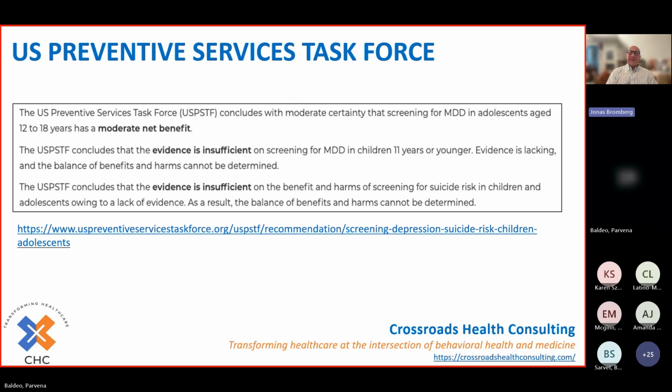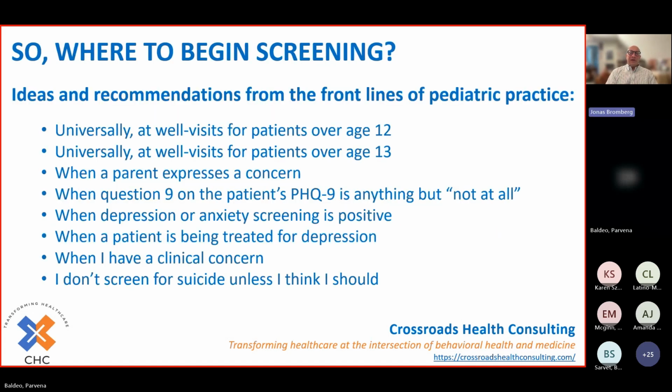So next slide, please. So where do we begin? What you see here are some thoughts and ideas that I've heard from pediatric providers, and they're really all over the map here. I think the idea of beginning universal screening at age 13, at least in our state in Massachusetts, corresponds with that age of adolescent confidentiality.